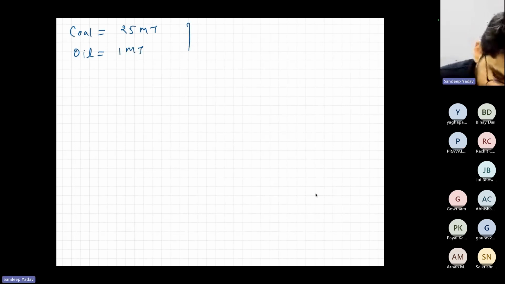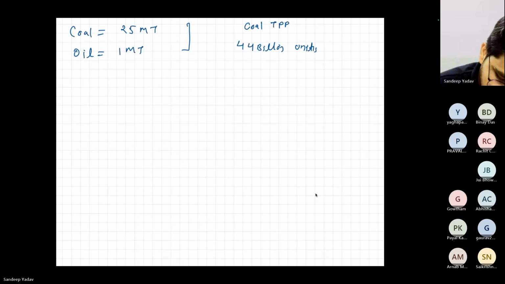So now we have given coal, that is an amount of 25 metric ton. We have given oil, the amount of 1 metric ton. Simultaneously, if you add coal TPP, it is 44 billion units of electricity.